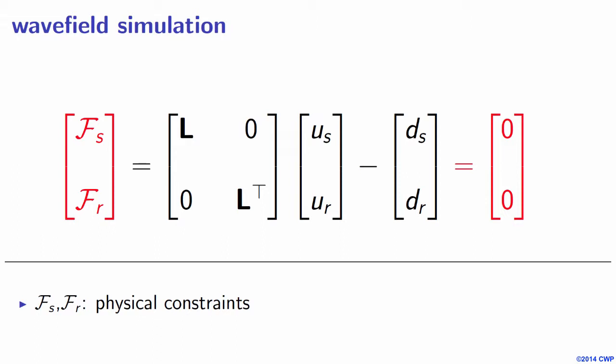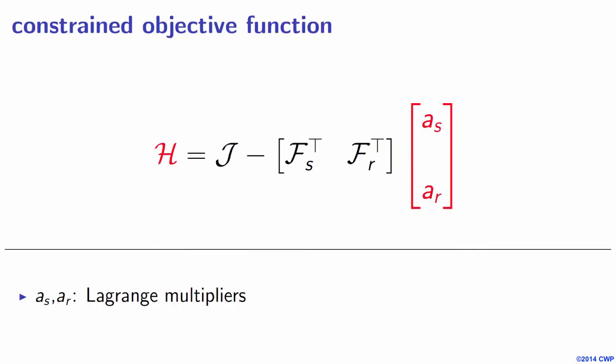For that we can define the so-called physical constraints indicated here by letters F, subscripts S and R: F_S equals 0, F_R equals 0. In fact, they simply say that the source wave field is a solution of a wave equation, and the receiver wave field is also a solution of the wave equation. Nothing more than that. And with that, we can define this constraint objective function, indicated by letter H.